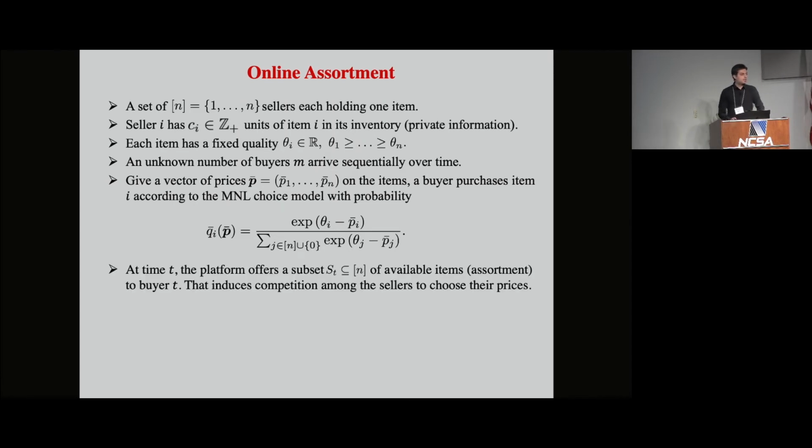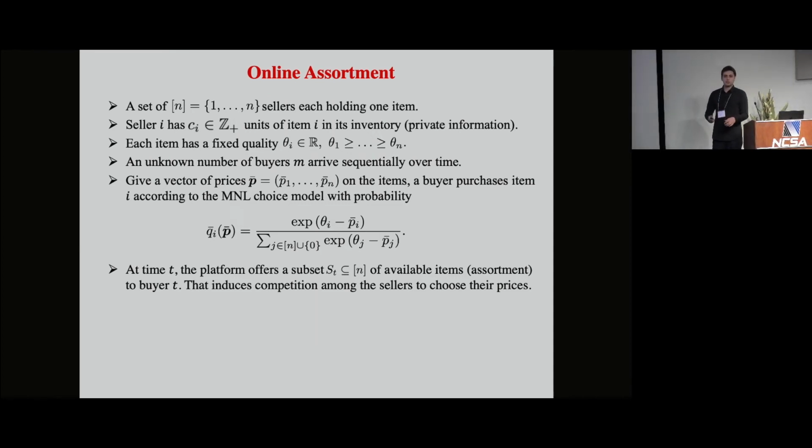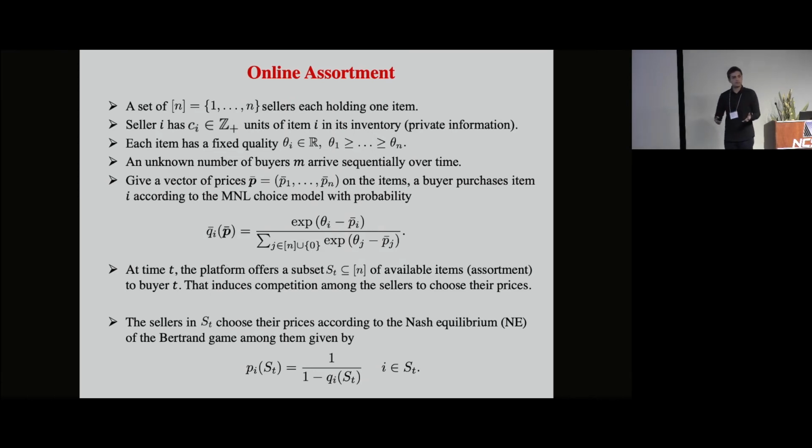And now at time t, the platform offers an assortment S_t, and it induces a competition among the sellers in that assortment. Let's say the platform offers a set S_t of the sellers. Then the sellers are going to get into a Bertrand competition and determine what prices to choose for their items.